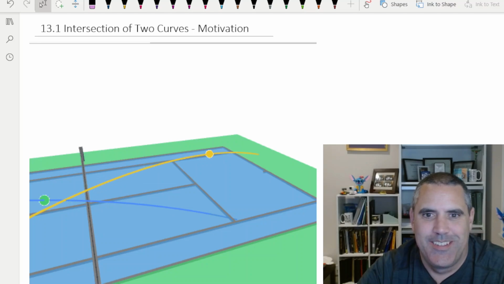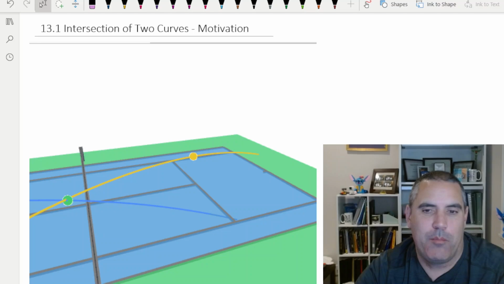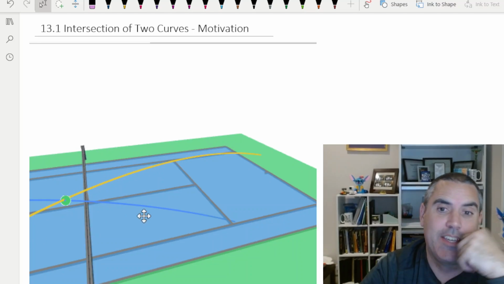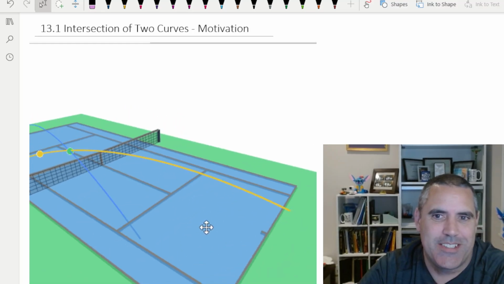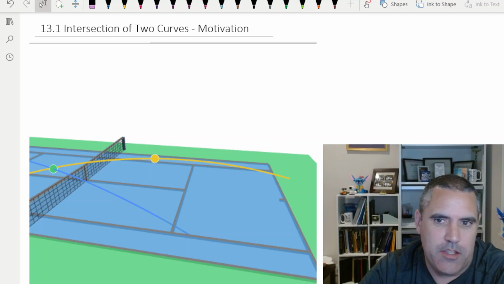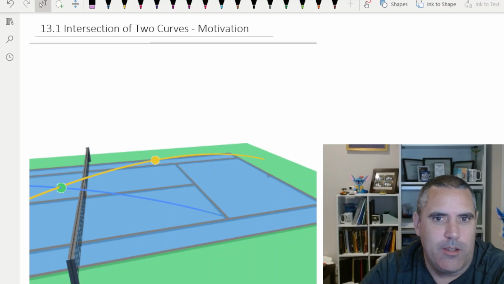Oops, it's too picky. So 0.2, 0.3, 0.4, 0.65 seconds. So now the other person would have to adjust. Now they do hit, but they're not there at the same time. So the difference in time, now we'll have to figure that out. Let's take a look.